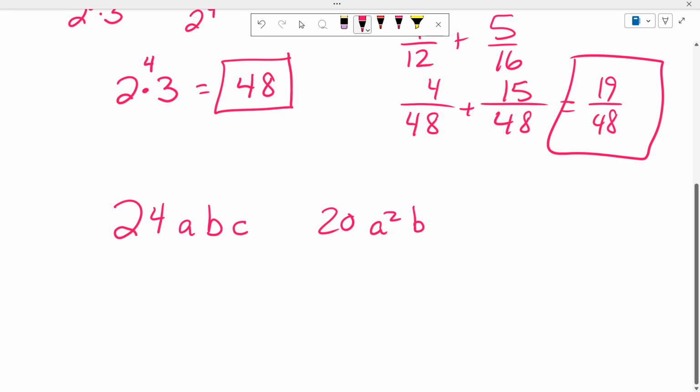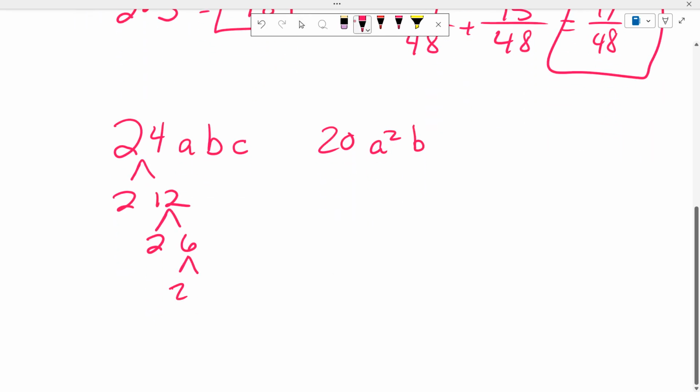So we're finding the least common multiple of 24ABC and 20A squared B. All right. So let's break this down. 24 is what and what? 2 and 12. 12 is 2 and 6. 6 is 2 and 3.